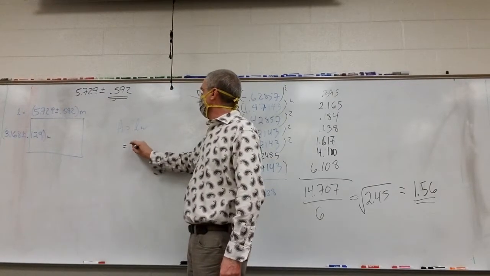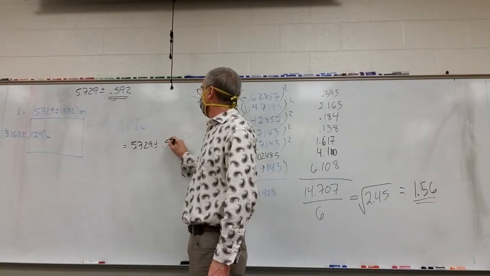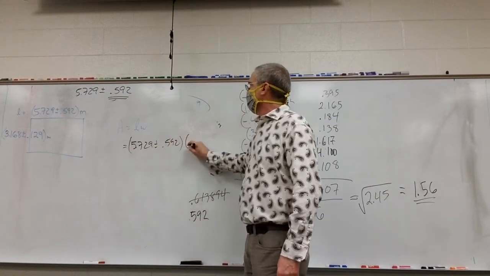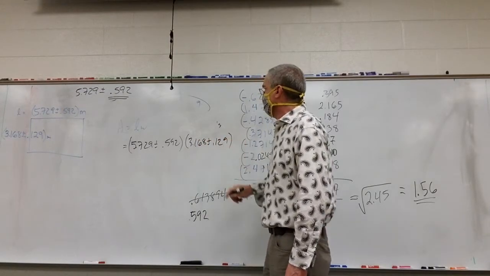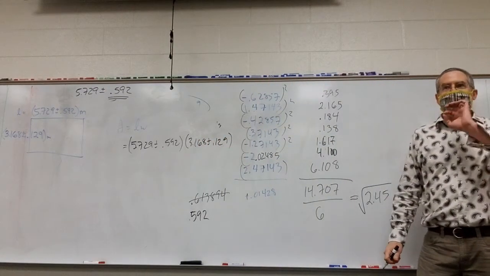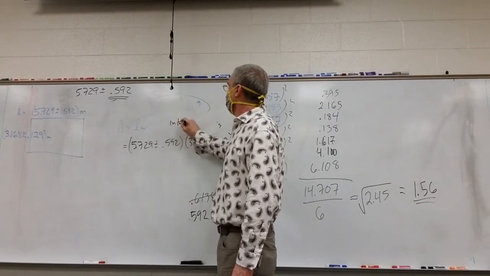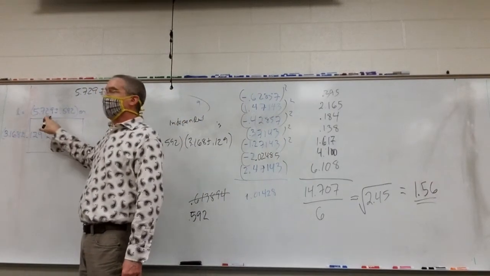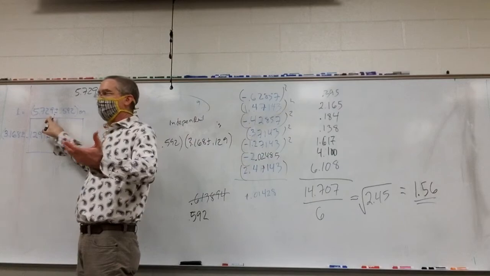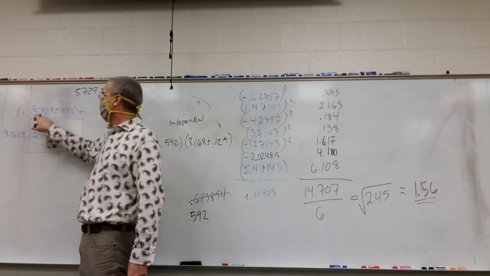And so when I multiply these, I'm multiplying 5.729 plus or minus 0.592 times 3.168 plus or minus 0.129. They are independent, and that is a critical piece right there. These are independent of each other. This number right here has nothing to do with that number other than they're part of the same table. But these calculations were completely independent of these calculations.